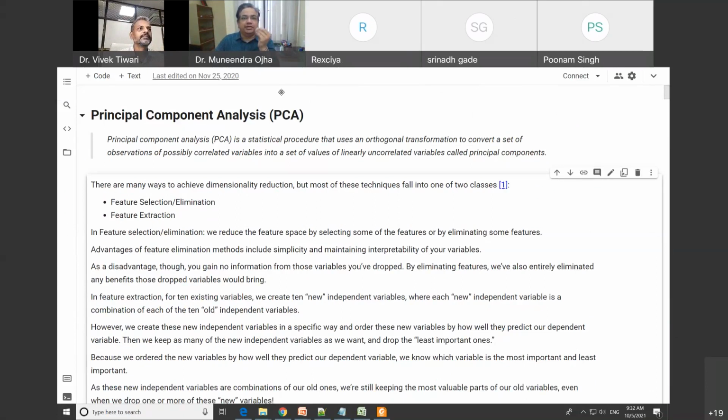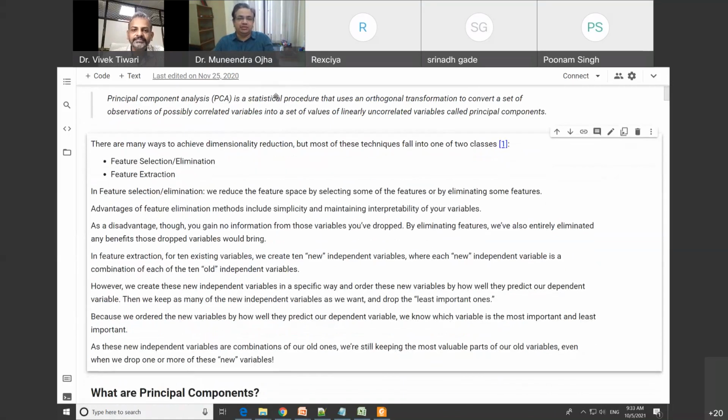Sir, Tiwari sir, there is a small window appearing on the center screen. Is it hiding my view, your view, or this screen? Your screen is totally visible to us clearly. There is no obstruction. Okay, fine, because I was thinking that there was a small window obstructing the view.